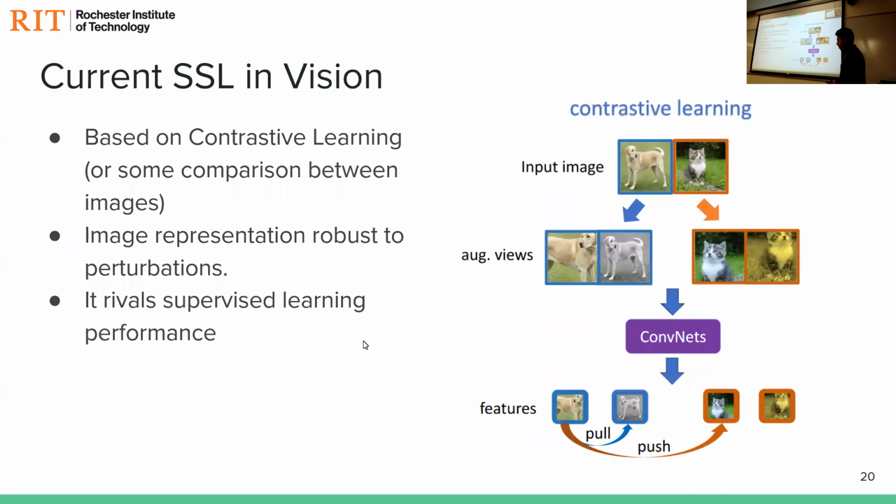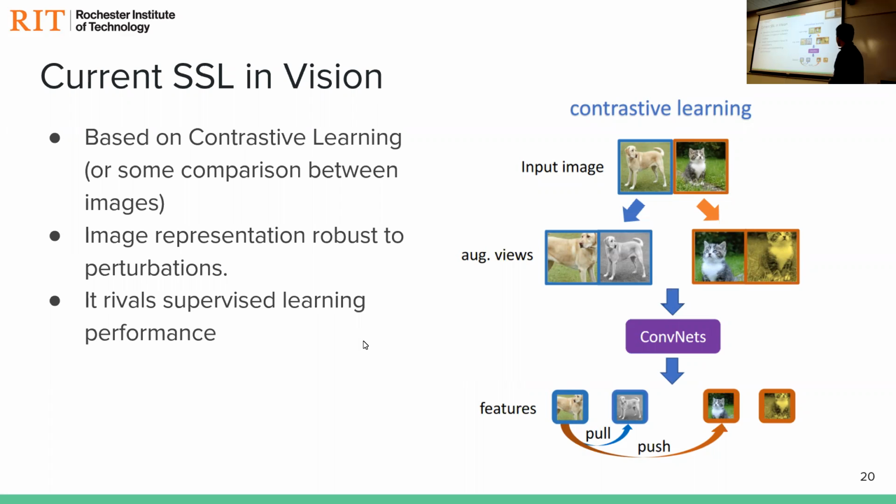But current SSL or self-supervised methods do something more complicated than those proxy tasks. They are based on something called contrastive learning, or some comparison between images. What they do here is, if I have a set of images, let's say these two images, I'm going to create two augmentations or two different views of each image by doing some perturbation.